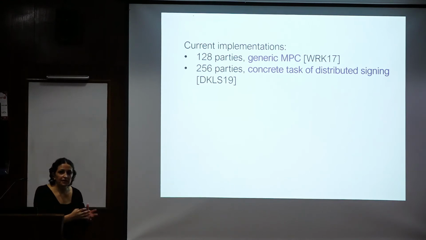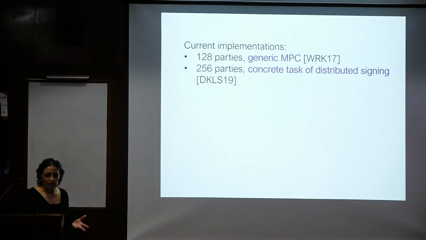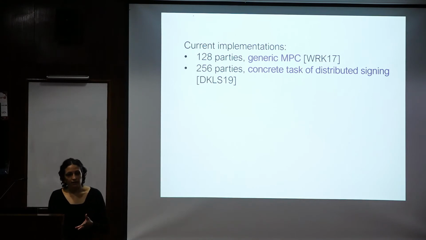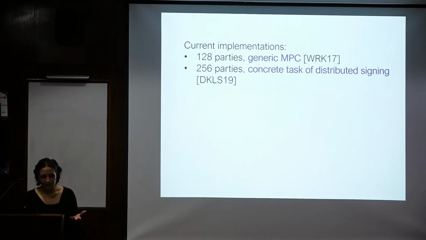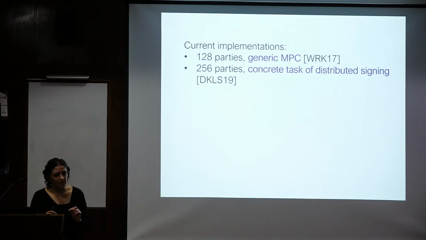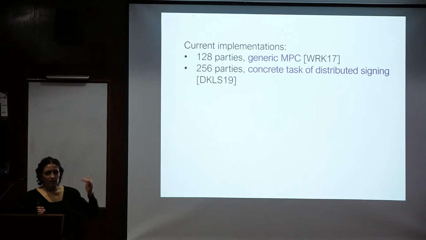For specific and dedicated tasks, we had a recent paper by Dorner et al. that showed how to do a distributed signature scheme, where the implementation scale is a little bit higher than that.